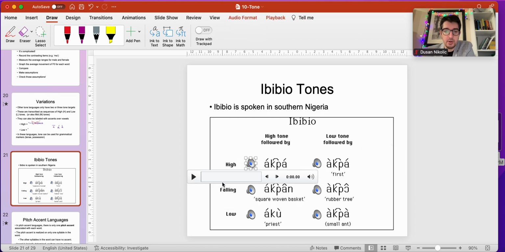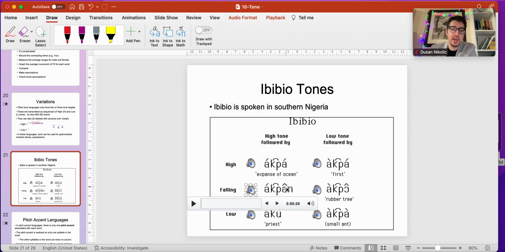And in Ibibio, there is a three-way division of tones, so high, falling, and low. And I'll play them all right now, and you can sing along. So this is high, this is falling, and low. You can see for falling that there's a diacritic here, like a hat, top hat, which denotes that the tone is moving from high to low, right?